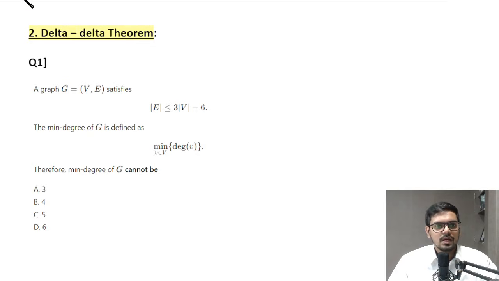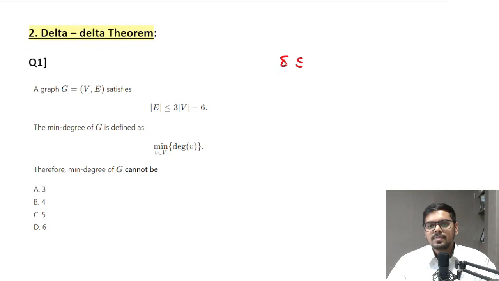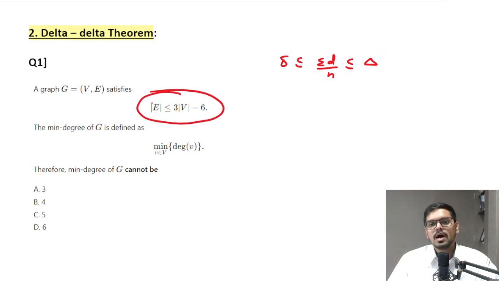How to do it? Now you are like, sir, the delta theorem said that the minimum degree is less than or equal to the average degree, which is less than or equal to the maximum degree, right? This is what it was. Now here we have an inequality. So how to deal with it? Summation of degrees by n, as per the handshaking theorem, is 2e by n.